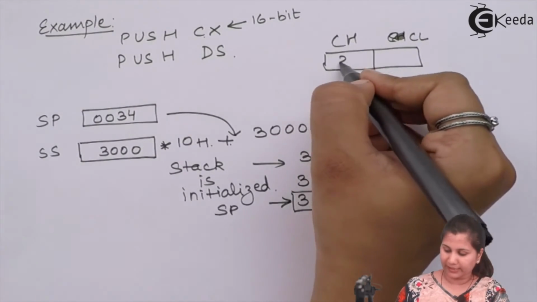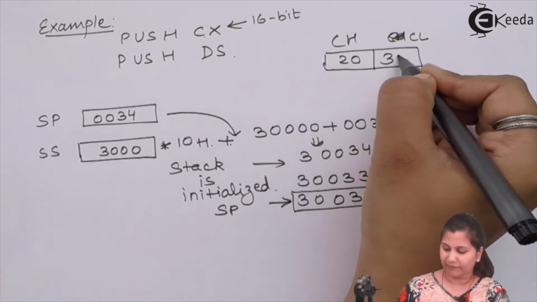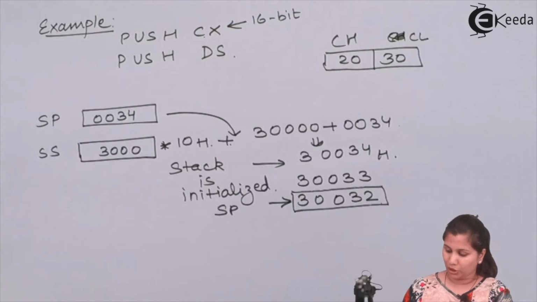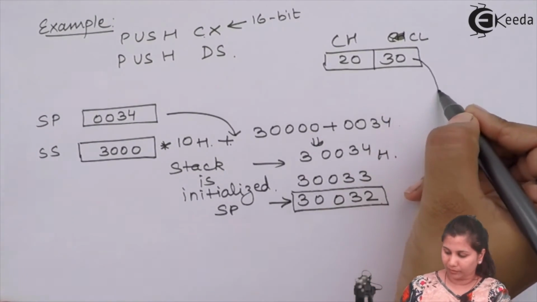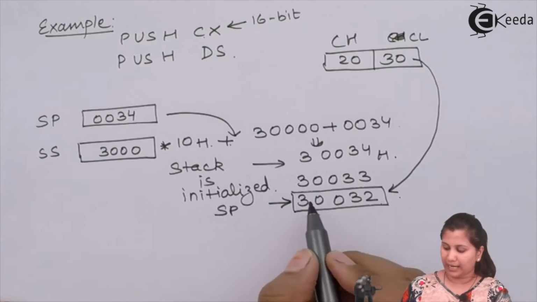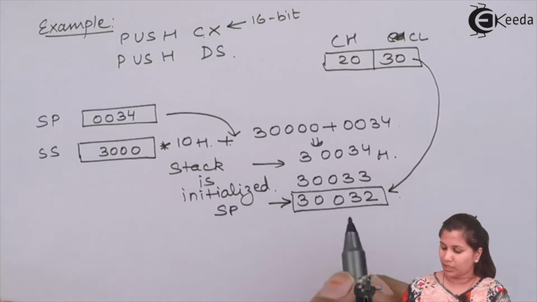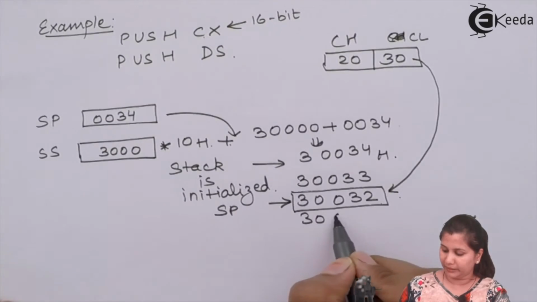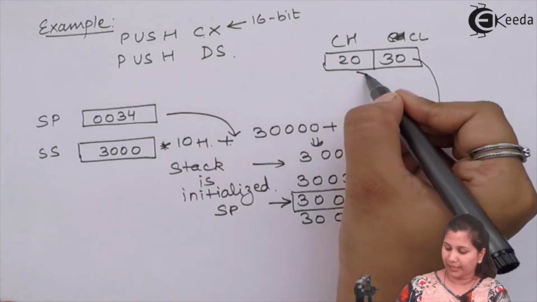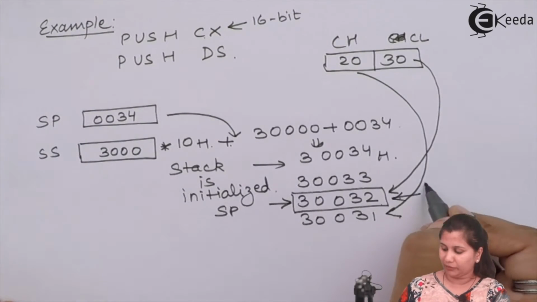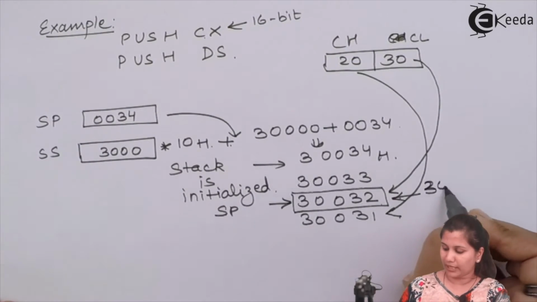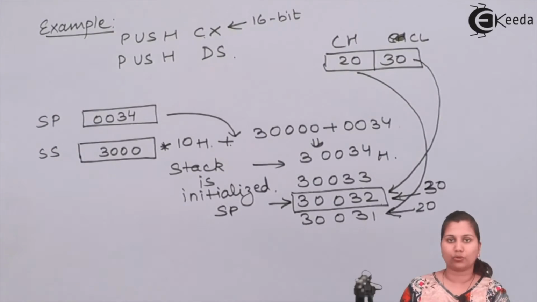Suppose CH has 20 and CL has 30. First the lower order register will be stored at 30032. Again it is going to be decremented, and then the higher order register will be stored. So here 30 will be stored, and here 20 will be stored.